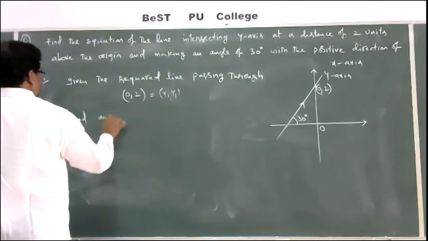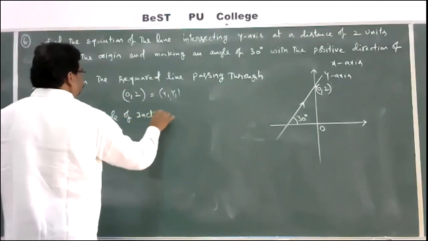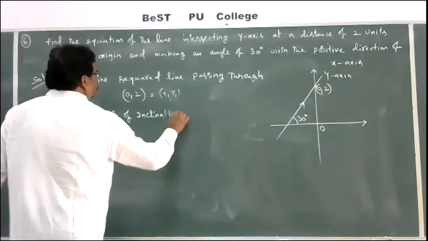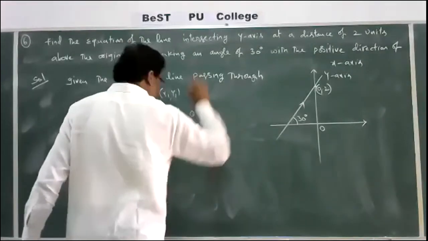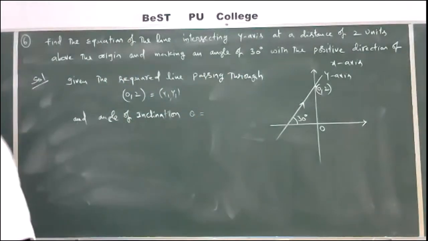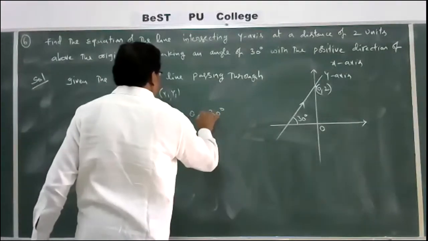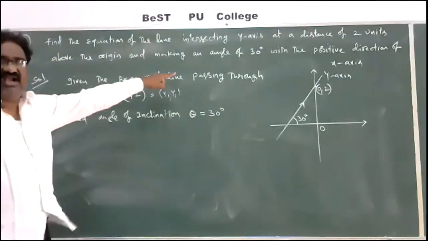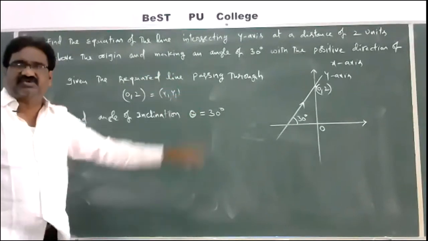And the angle of inclination theta is equal to 30 degrees. They are given. Angle of inclination means the required line is making an angle of 30 degrees with the x-axis in the positive direction.